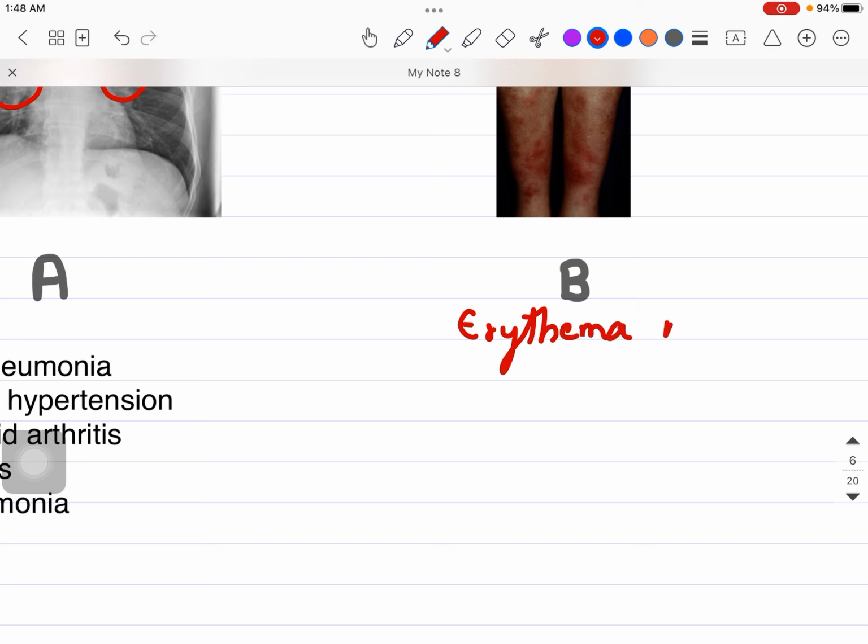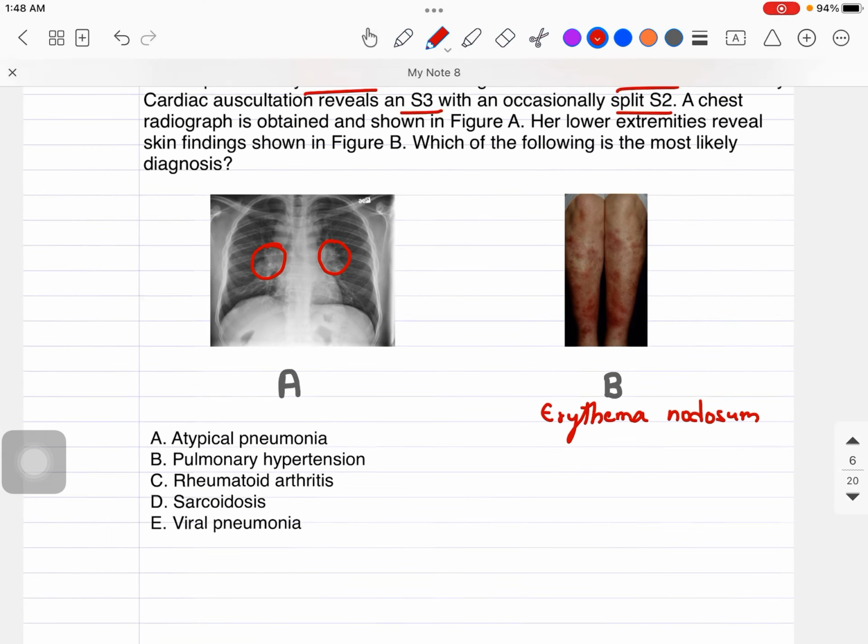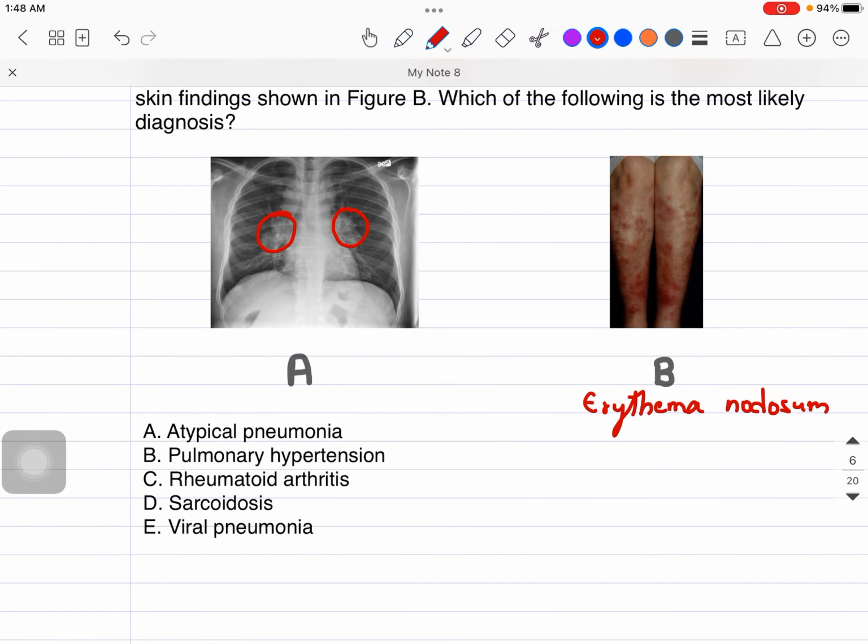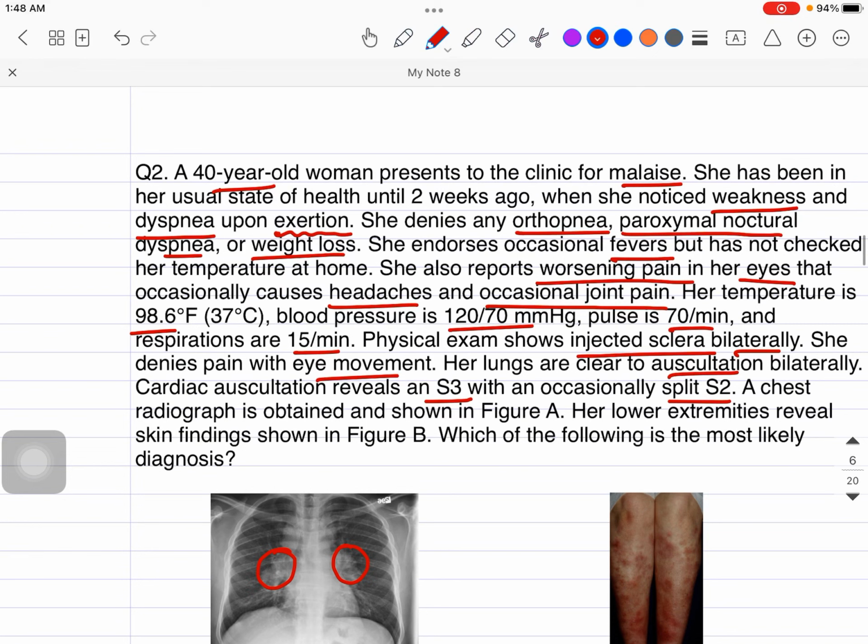And the diagnosis would be sarcoidosis, actually acute sarcoidosis. Okay, and there was one syndrome I told you in the subtypes, Lofgren syndrome. Lofgren syndrome I told you: erythema nodosum, bilateral hilar lymphadenopathy, and migratory polyarthritis. In this case, joint involvement is there, occasional joint pain, guys.